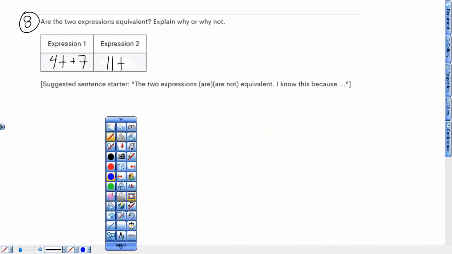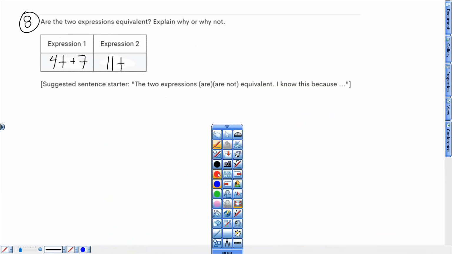Number 8. Eighth one. This one is a big fat no. It's a no because this 7 doesn't have a T on it. If it had a T, I could add those up to get 11 of those T. But because there is no T there, those are unlike terms.